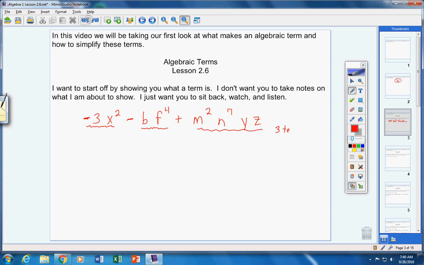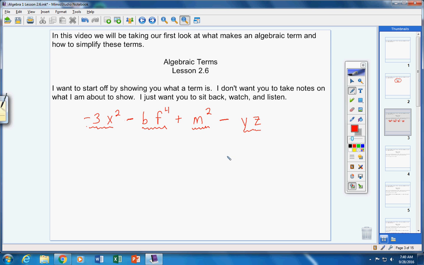Let me do one more and then we're finished, okay? Let's say right here I put a negative sign. Let's count the terms. Here's a term. Then I see a negative sign. Here's a term. Then I see a positive sign. Here's a term. Then I see a negative sign. Here's the term.